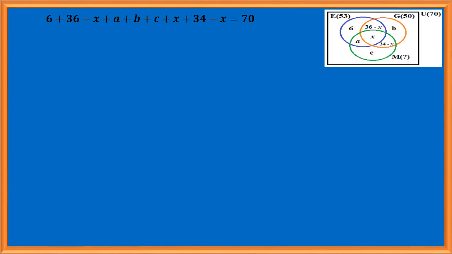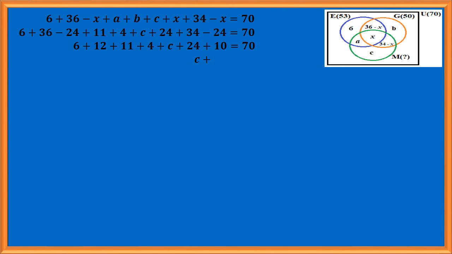Replacing the variables except c, we'll have this equation. Then simplifying, we'll have this. Then we'll now have c plus 67 equals 70. So c will be 70 minus 67, which is equal to 3. That gives us the value of c.